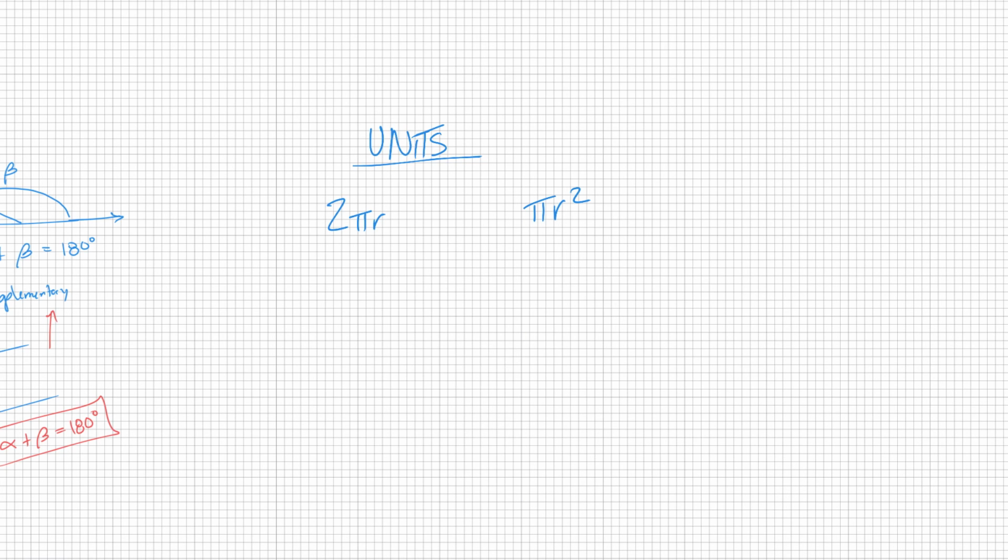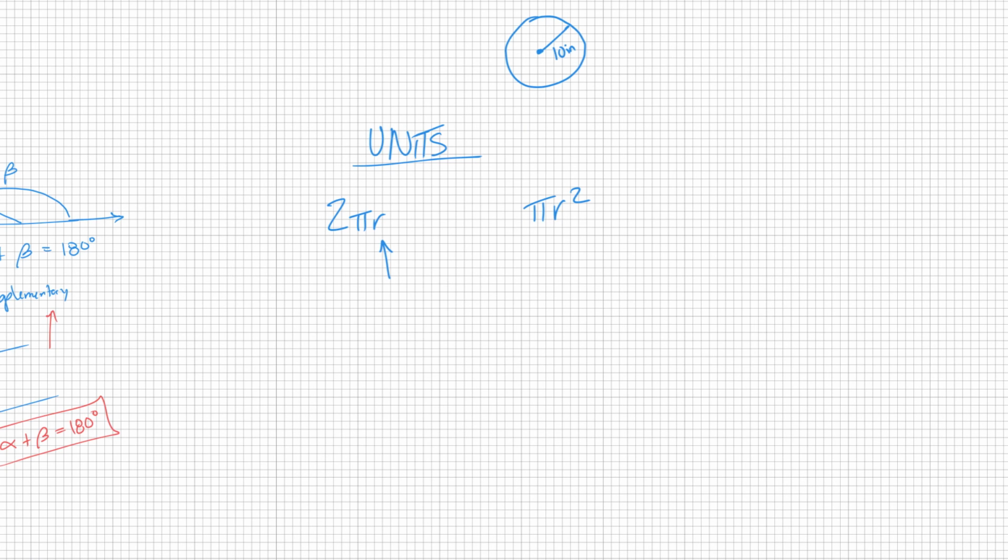Sometimes they'll say 2 pi r squared, but that's not a correct answer in any universe. So if we're choosing between these two, the way that you're going to know is quite simple. Let's suppose I have a circle with a radius of 10 inches.